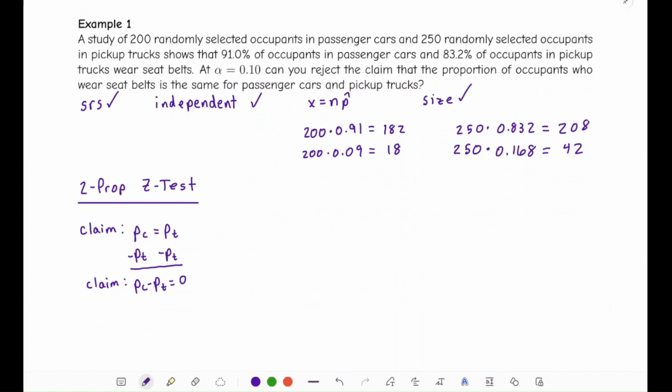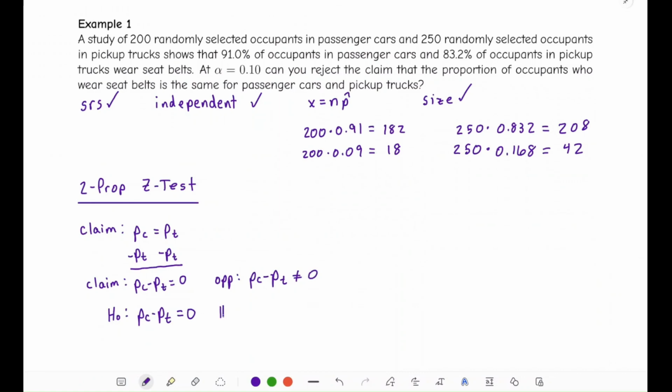trucks second. Now, it doesn't matter which way you subtract it, just as long as you stay consistent in your own problem. The opposite of this, then, is PC minus PT is not equal to 0. The null hypothesis is PC minus PT is equal to 0.